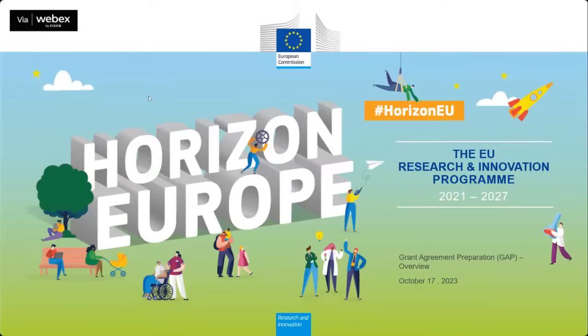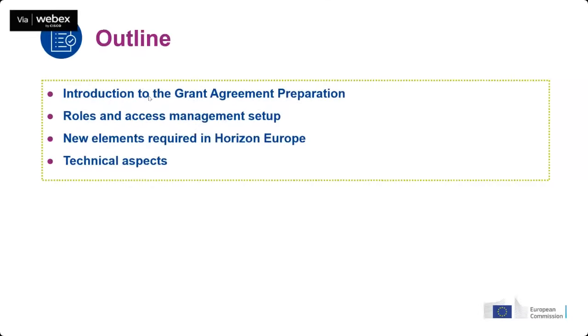Okay, so a small overview. We will go through the main steps of the grant agreement preparation. We will explain to you what the needs are for you in terms of setting up roles in the system and access management.